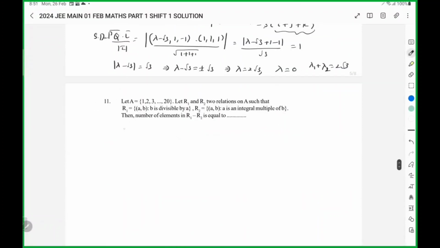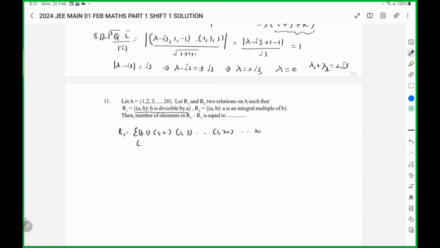Here, the relation on the set is defined as B is divisible by A. So if I take 1, it is divisible by every number, 20 numbers.